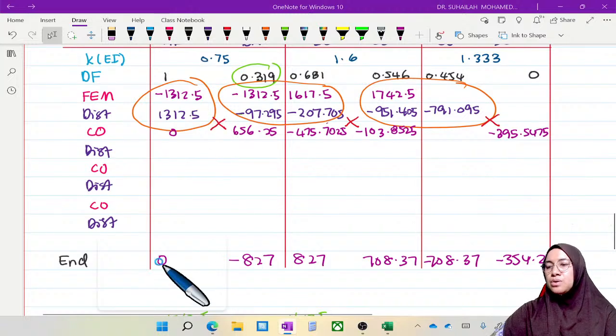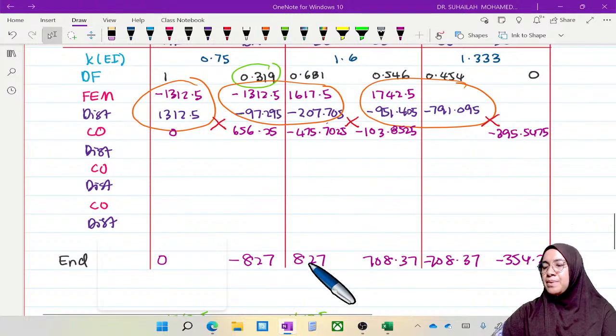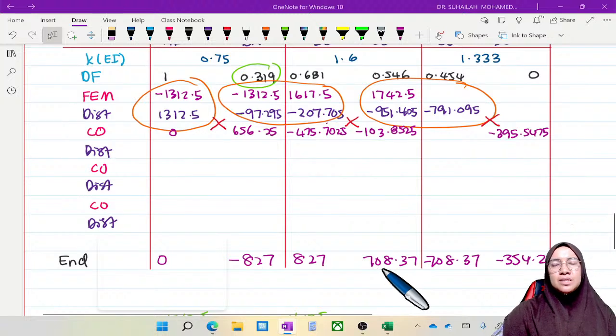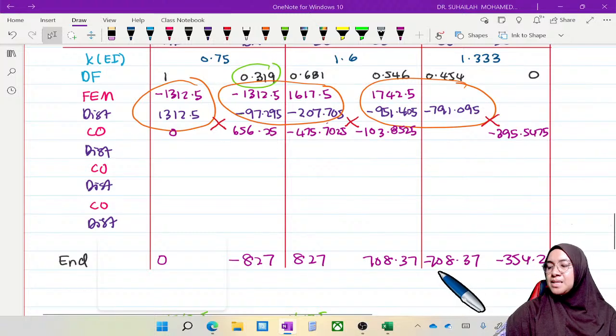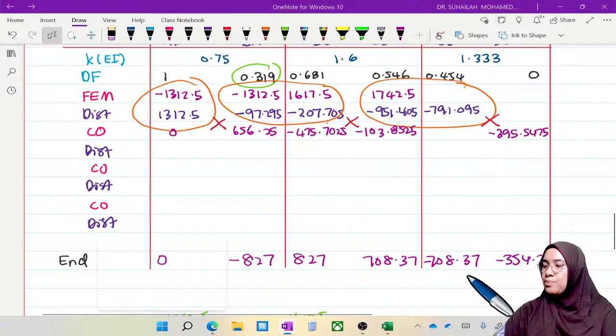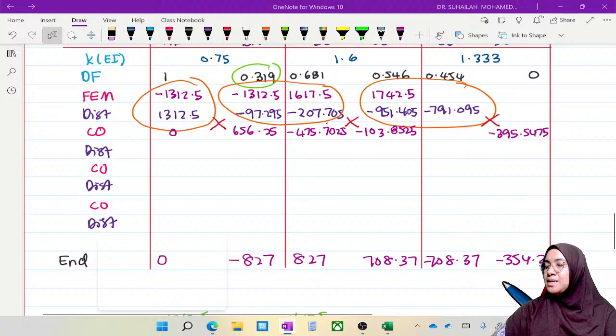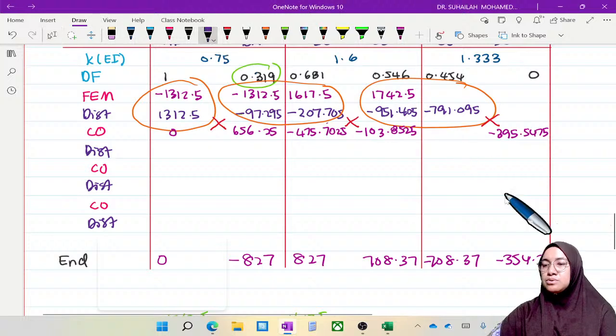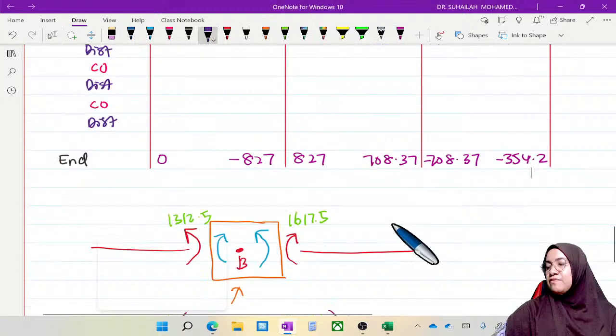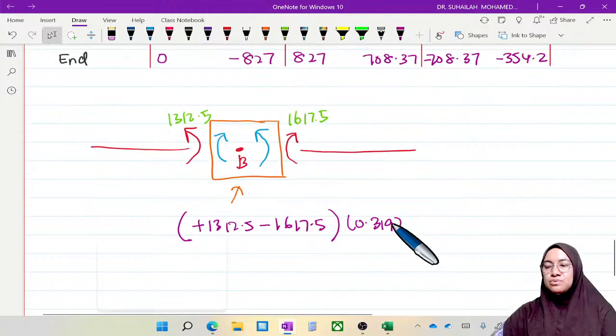Okay, so MAB is equal to 0, MBA is negative 827, MBC is positive 827, MCB is 708.37, MCD is negative 708.37, and MDC is equal to negative 354.2.